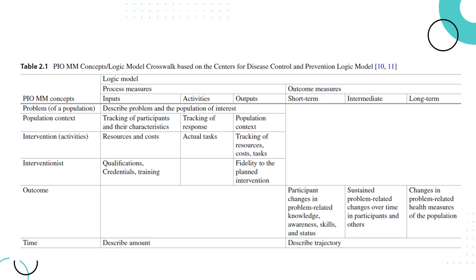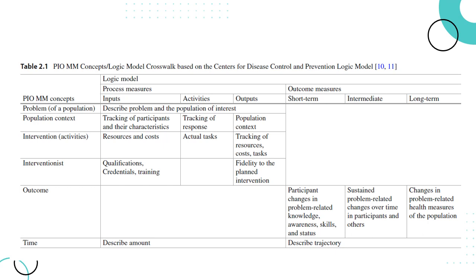The outcomes, you're going to find these at the right-hand side of the chart right underneath outcome measures. So these are our short-term, intermediate, and long-term outcomes. And pretty self-explanatory, it tells us right there in the box. As for the time, this is something that sometimes will be apparent, sometimes won't, but it's going to be associated with the short-term, intermediate, and long-term.